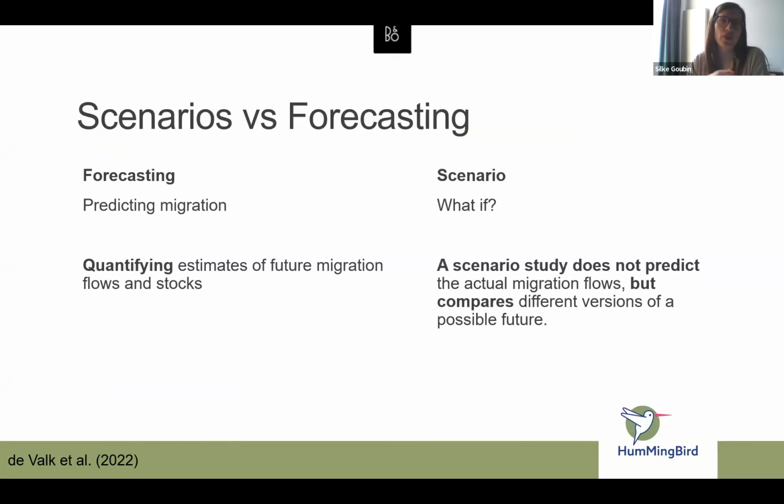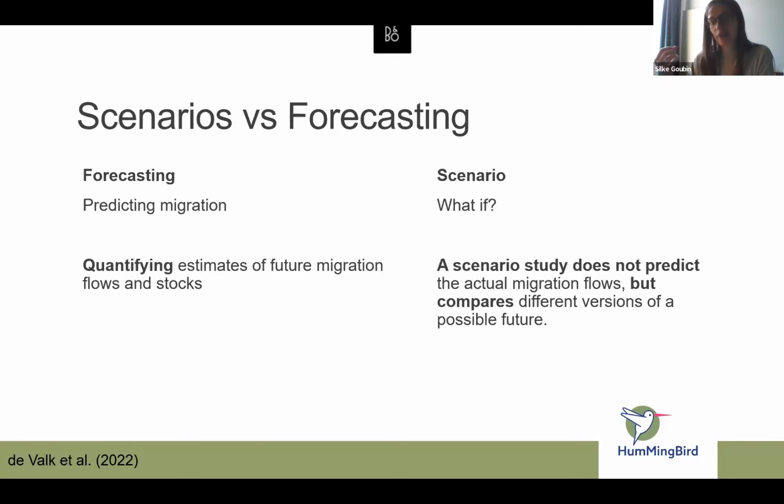And they are really focused on predicting migration flows, describing migration flows and stocks, and making estimations about what migration could be in the future. The problem, and I've heard this a lot also today, is that those types of forecasts and predictions come with inherent uncertainties. And these are somewhat limitations of the current forecasts.